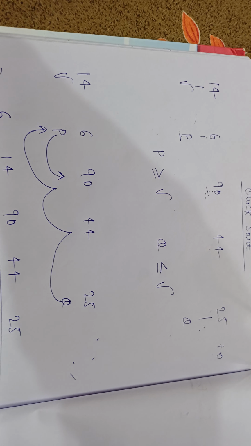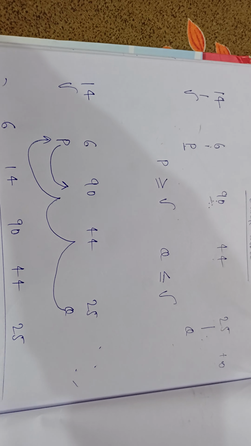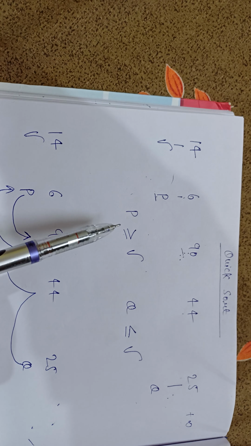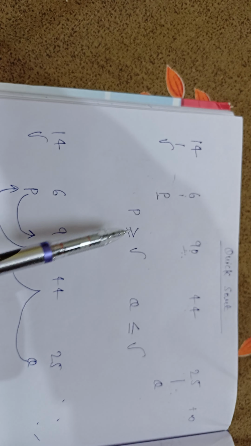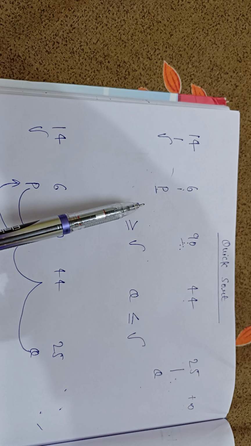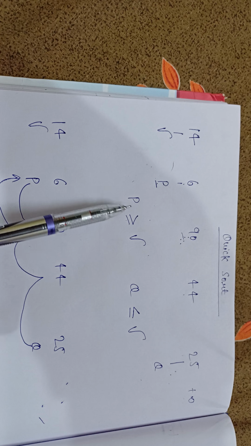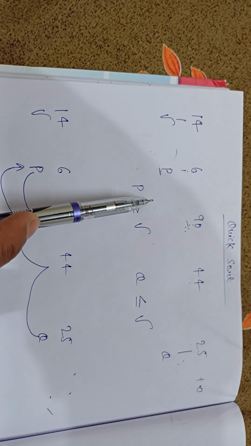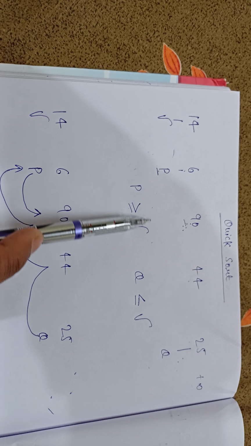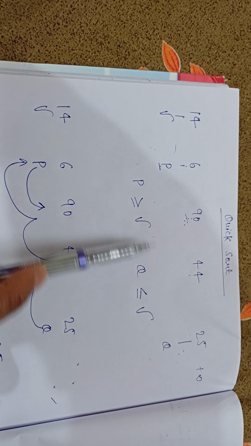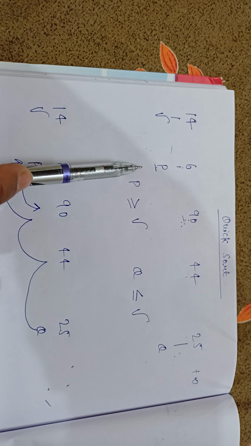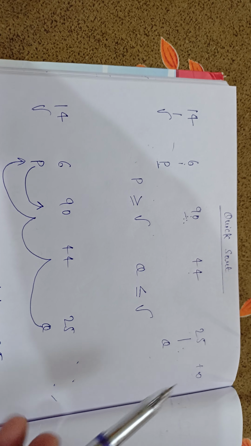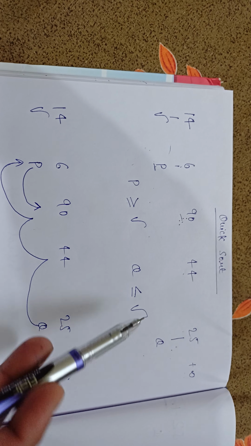The p pointer will move from left to right, and q will move from right to left, obviously.